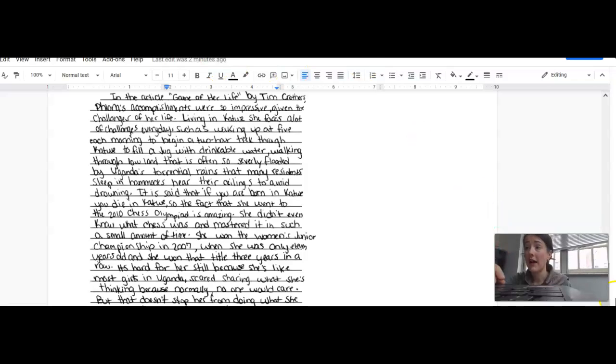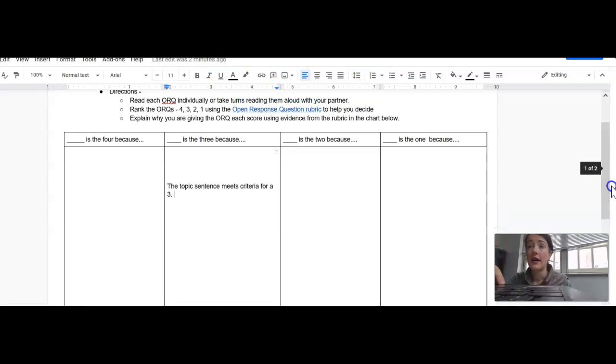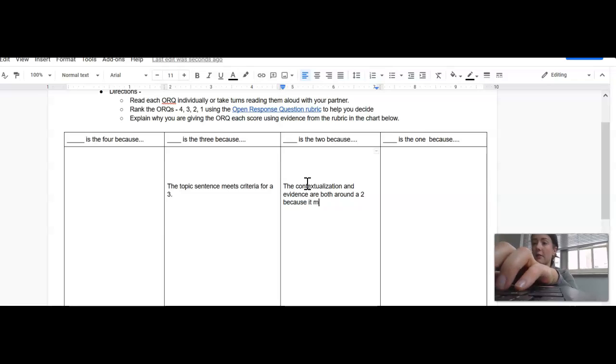So I'm going to go back up to my chart, and I'm going to say the contextualization and evidence are both around a 2 because the writing meets some of the criteria, but not all.